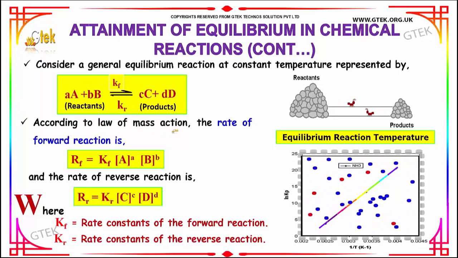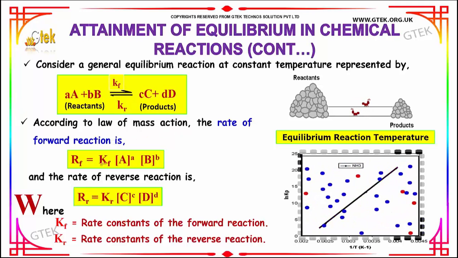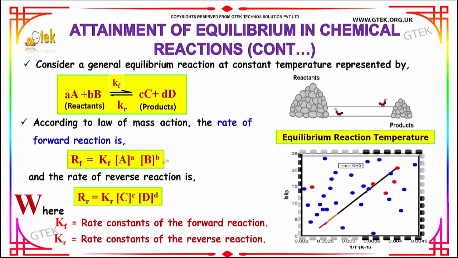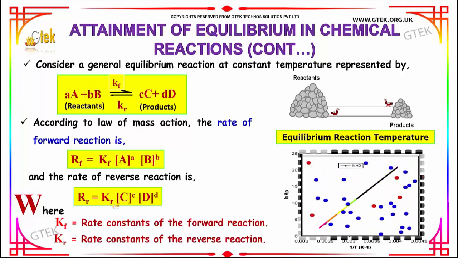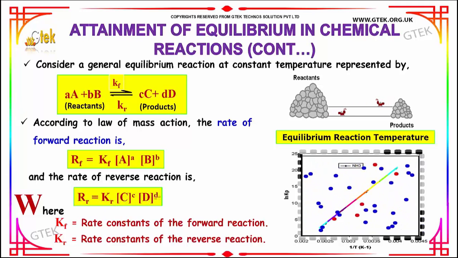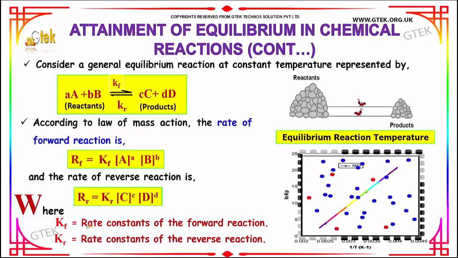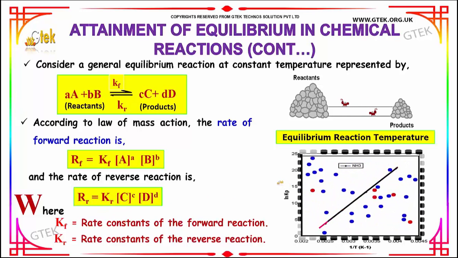According to the law of mass action, the rate of the forward reaction is Rf = Kf [A]^a [B]^b, and the rate of the reverse reaction is given by Rr = Kr [C]^c [D]^d, where Kf is the rate constant of the forward reaction and Kr is the rate constant of the reverse reaction.